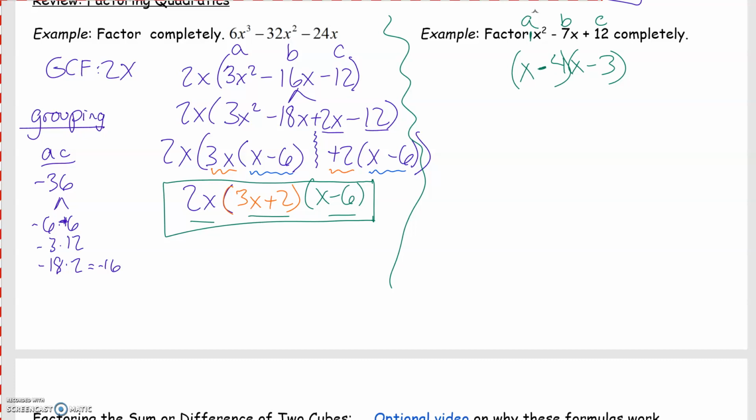So x minus 4 and x minus 3 would multiply to give us that. When we add them together, that would be negative 7x, but when we multiply negative 4 times negative 3, that would just give us a positive 12. There's nothing else that needs to be factored out of those two binomials, so you are done.